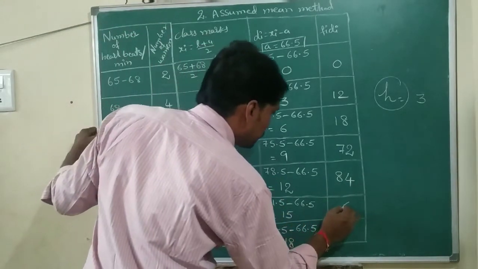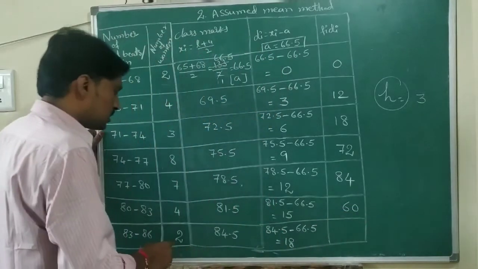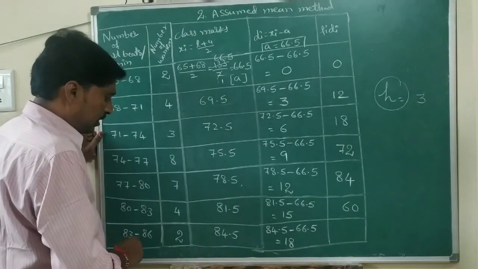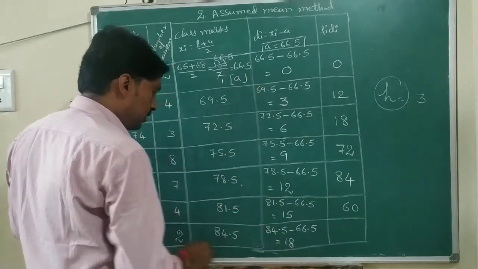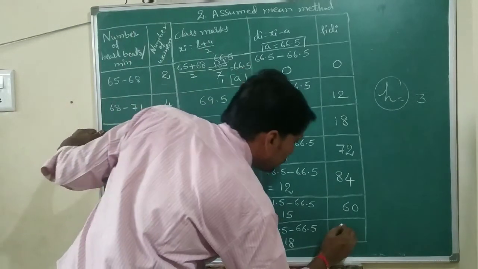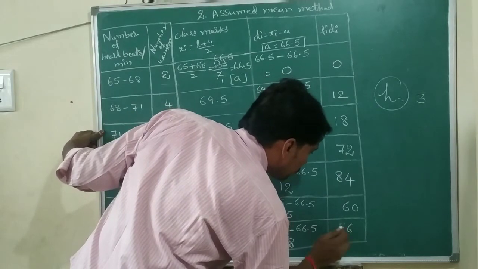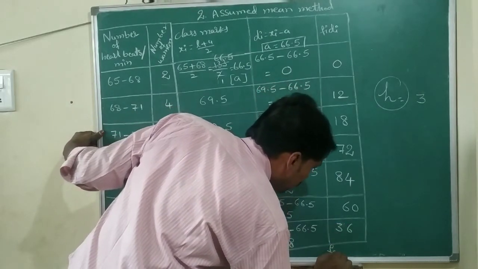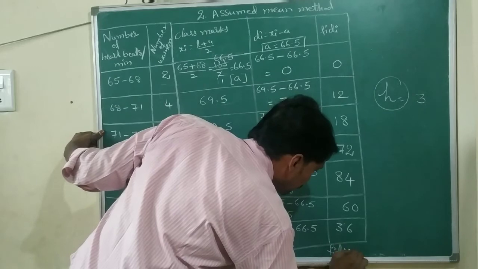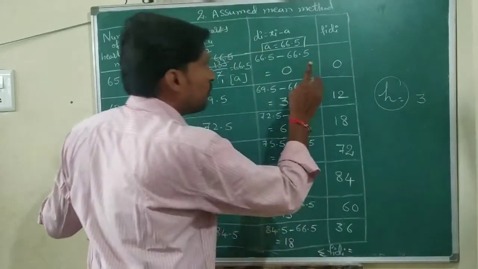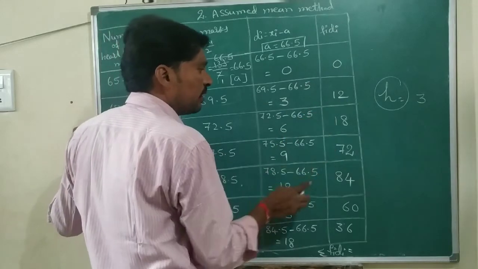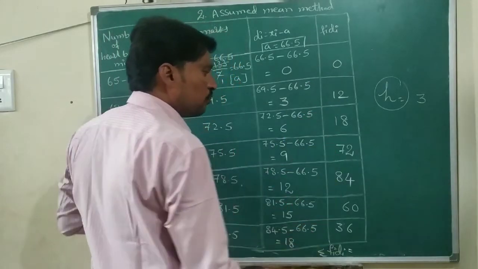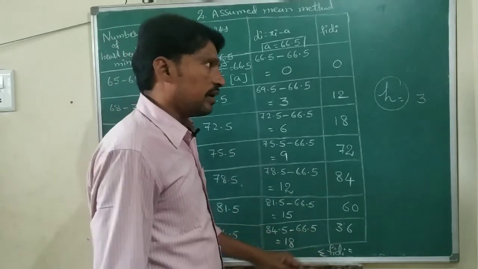Last class interval, 83 to 86, fi is 2, di is 18. 2 into 18 is 36. Now we need to add all of this to get sigma fi di. Sigma fi di is 0 plus 12 plus 18 plus 72 plus 84 plus 60 plus 36.